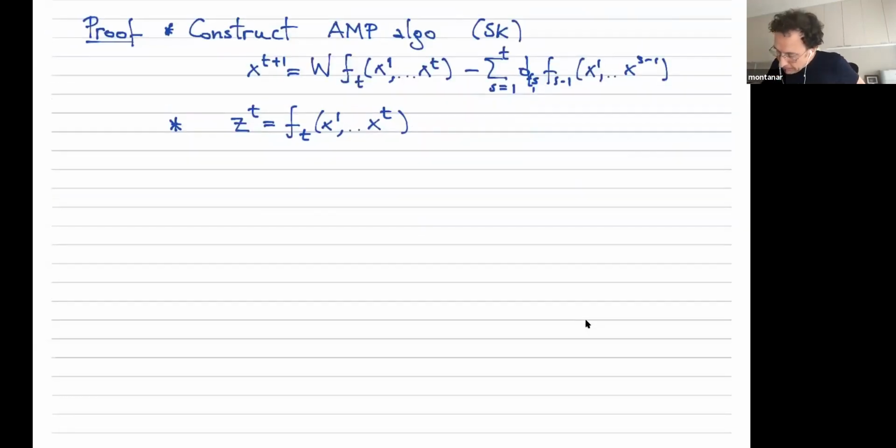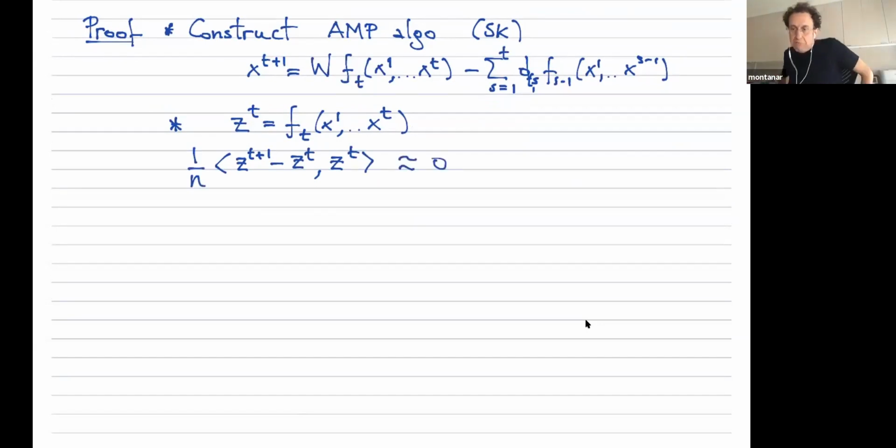The martingale structure is that the increment of this z must be orthogonal to the past. So you will impose constraints of this type. We will not impose the constraints, but we will look for algorithms that have this special property.